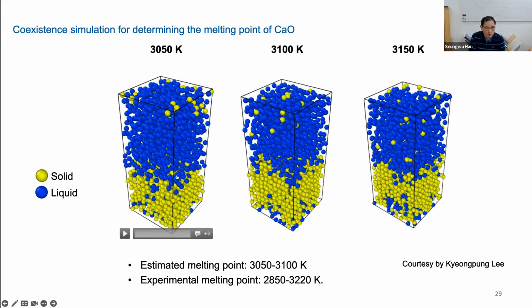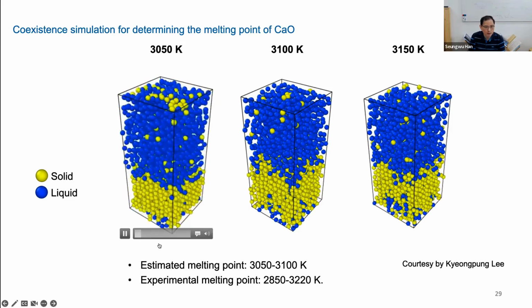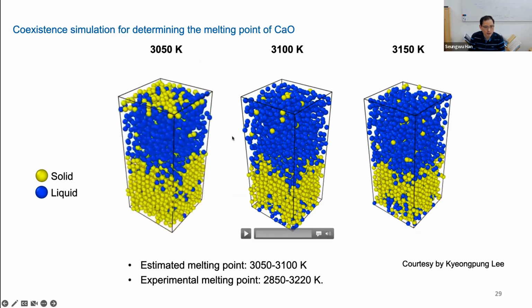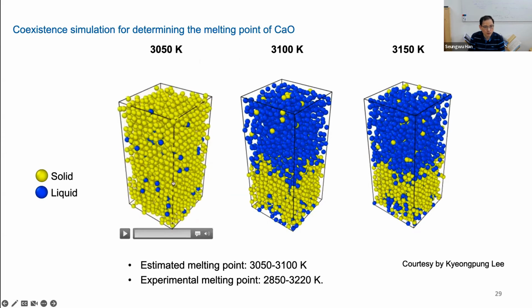So this is what actually happens at 1350 Kelvin. You can see that, right, we start with the solid liquid interface, but eventually we end up with the solid phase. It means that at this temperature, the free energy of the solid is lower than the liquid.